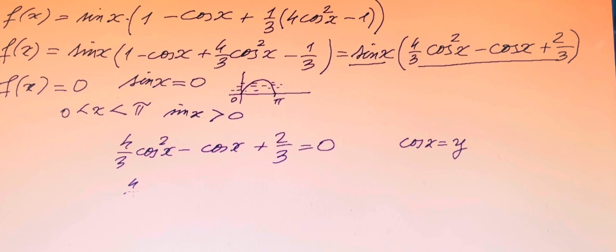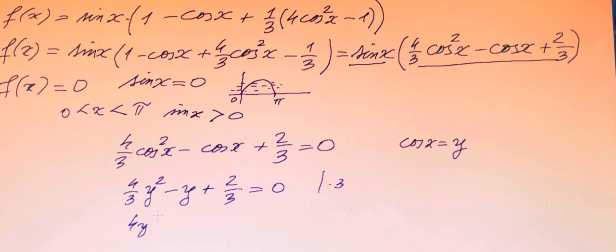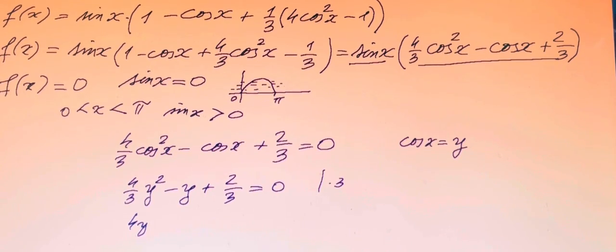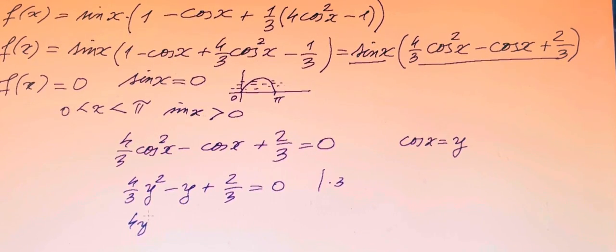This means that we will have the quadratic equation 4/3 y squared minus y plus 2/3 equals 0. It's easier not to work with fractions, so we can multiply this equation by 3. We will get 4y squared minus 3y plus 2 equals 0.